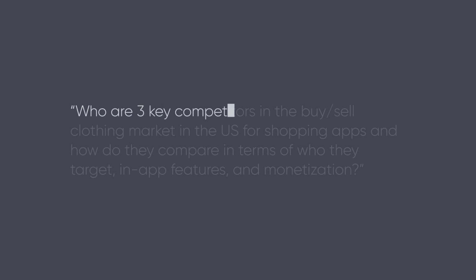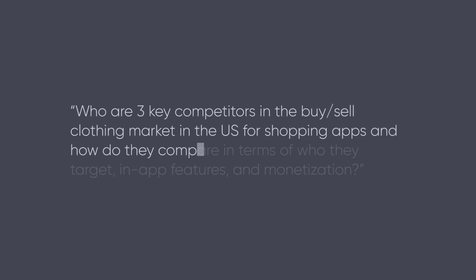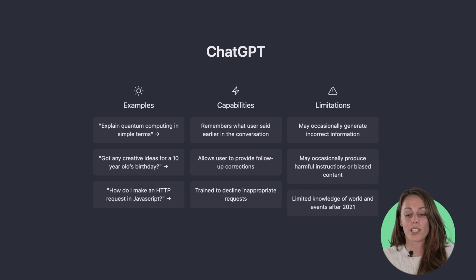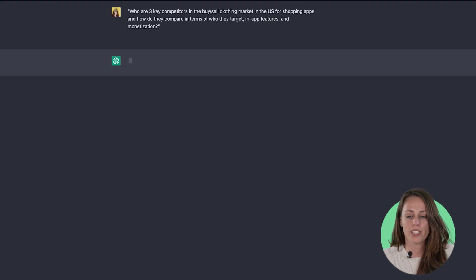Who are 3 key competitors in the buy-sell clothing market in the US for shopping apps? And how do they compare in terms of who they target, in-app features, and monetization? So let's see what that looks like in reality. I'm going to pop that prompt into ChatGPT and let's see what comes back.